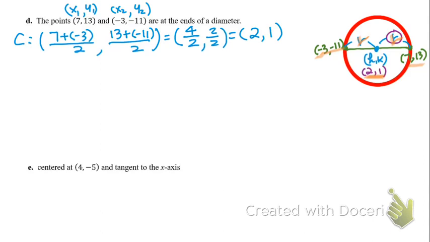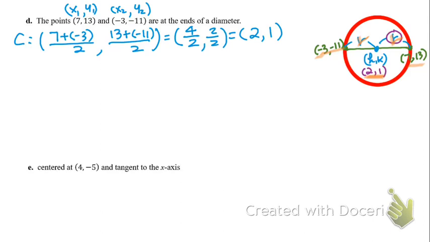You can use (7, 13), or you can use (-3, -11), with the center. Or you can just use the two given points, find the diameter, and divide it by 2, right? You can do that too. But I think that the last step is better.